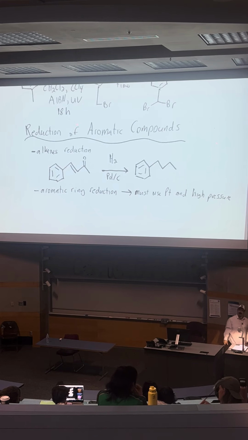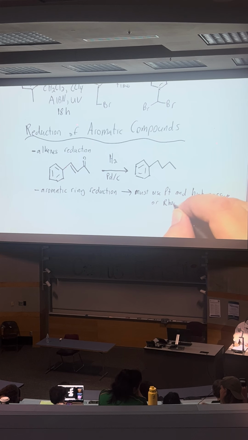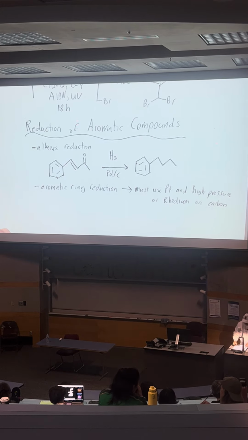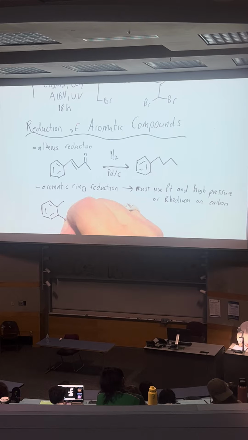You're also saying we have to use much more expensive chemistry. Platinum is more expensive than palladium by almost double, and something like rhodium on carbon is even more expensive.